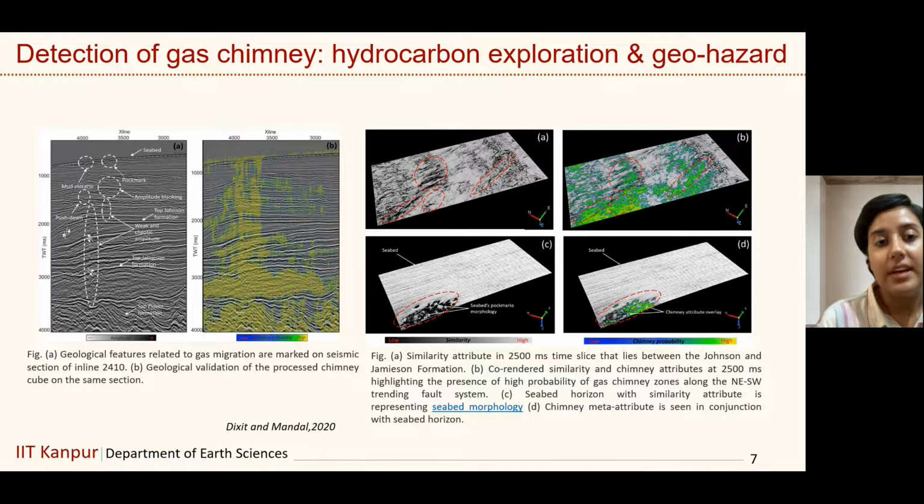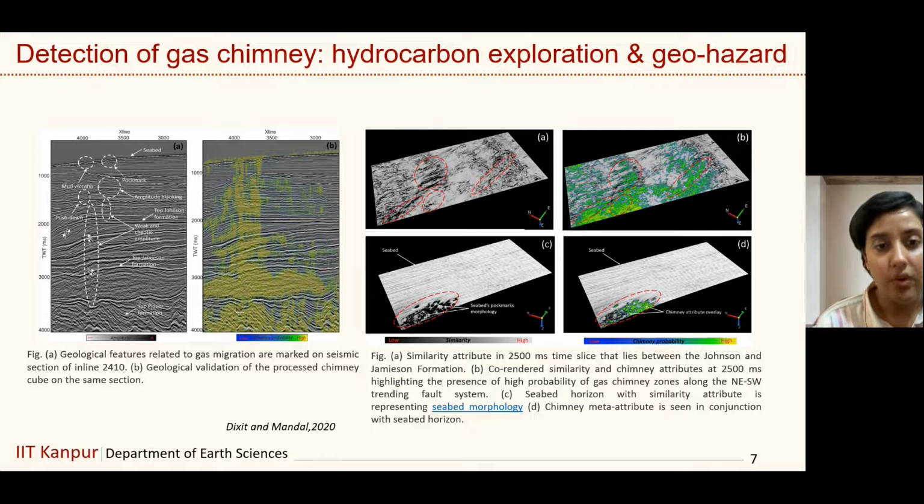Now, what this study helped us to understand, first thing is that here you can see there is a top Clover formation, and this is the reservoir zone present in this Browse Basin. This data is from the Browse Basin.